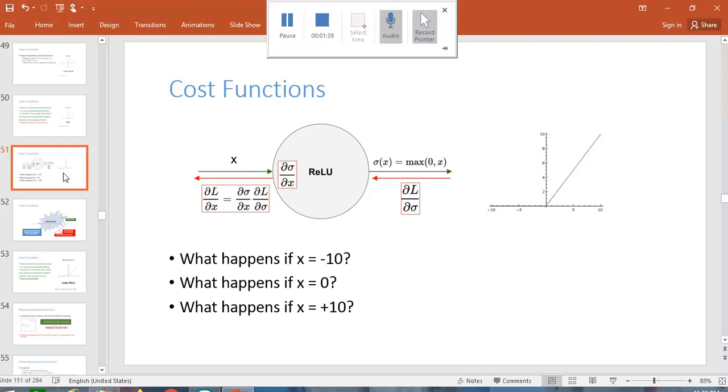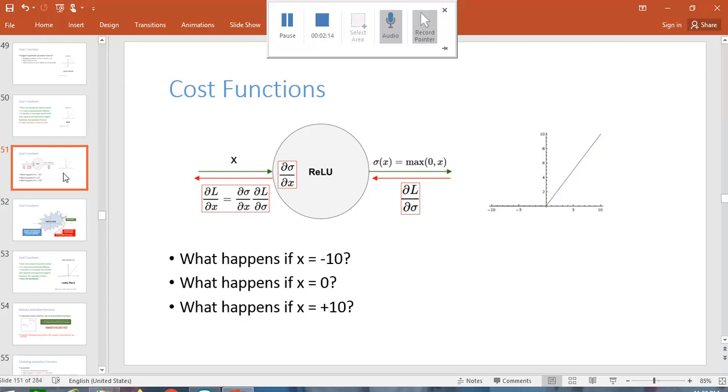But in this function, the slope is 0 in the negative region. For example, at x equal to negative 10, the gradient becomes 0 and we do not learn. In addition, in this function, we are also facing the problem of non-zero averages. This function is not differentiable at x equal to 0, because the right limit and the left limit are not equal.